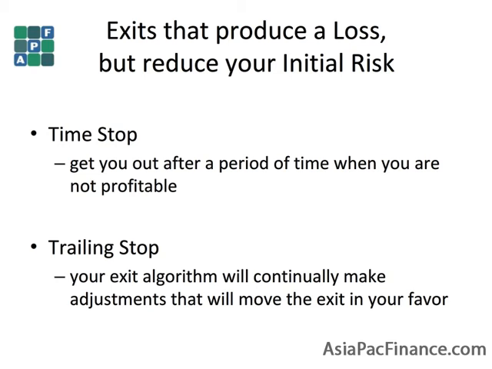Such an exit would cause one to lose money, but not as much as if one's worst-case stop were hit. The trailing stop is one that is adjusted on a periodic basis according to some sort of mathematical algorithm. Thus, if the market moves against you enough to stop you out, you would still take a loss, but it would not be as big as your initial 1R stop.